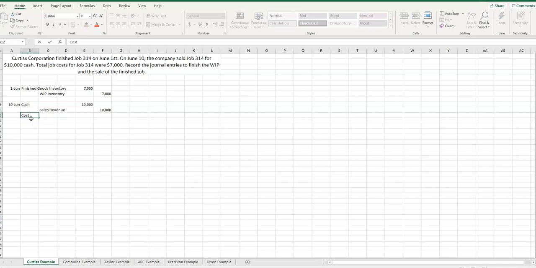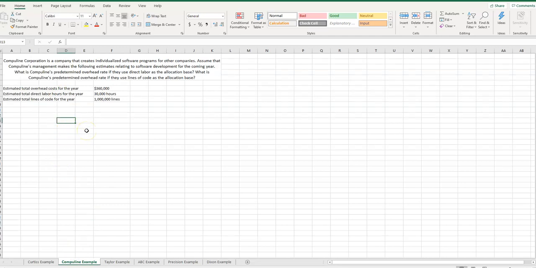Second is our cost of goods sold entry for the inventory. So the cost of that project, remember, was $7,000. We're going to remove it from the finished goods inventory. And those are the journal entries needed to finish a job and sell a job.